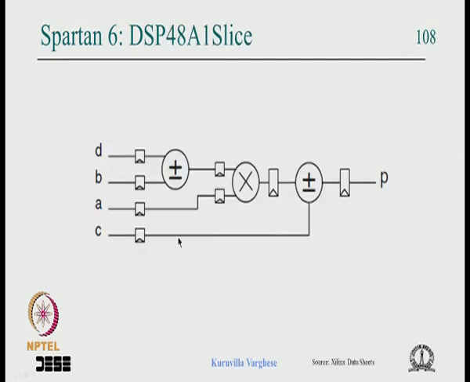So this is the general architecture. You have 4 ports, all are pipelined, and you can see 2 ports are added, 18 plus 18 gives you an 18 bit result which is combined with 18 bit to a multiplier.